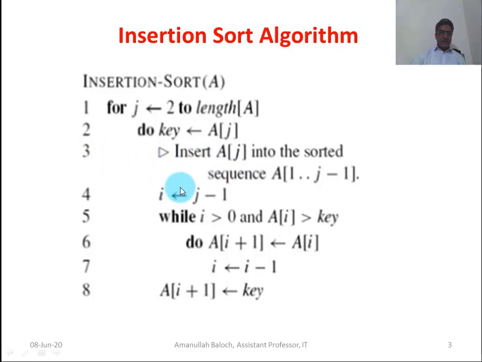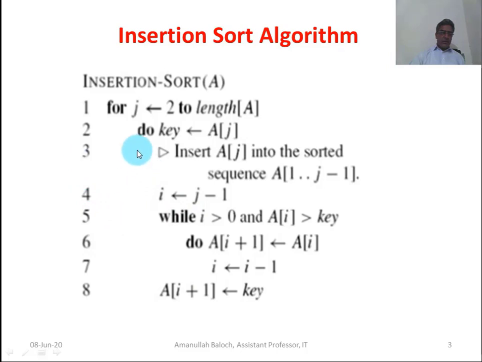The fourth line is i is equal to j minus 1, while i is greater than 0 and A of i is greater than key. This is the body of line number 6, and line 7 is the body of the while loop. A of i plus 1 equals A of i, and i is equal to i minus 1. The last line is A of i plus 1 is equal to key.